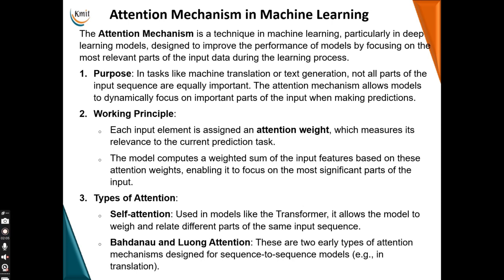Say for example, I'm saying I am teaching generative AI. This is the sentence, right? Say for example, when I want to stress upon what is the major importance in this sentence?